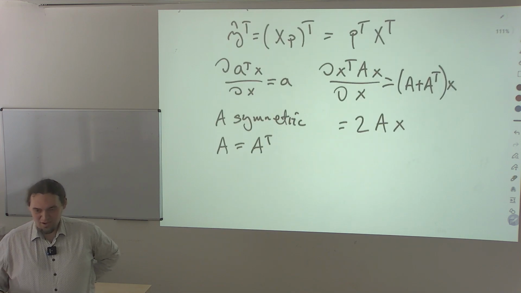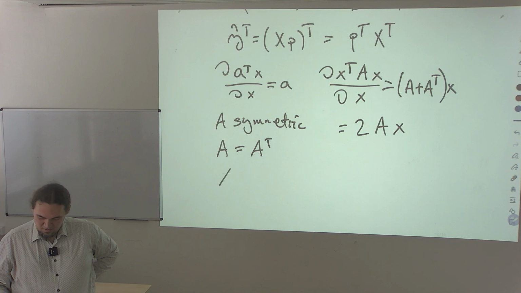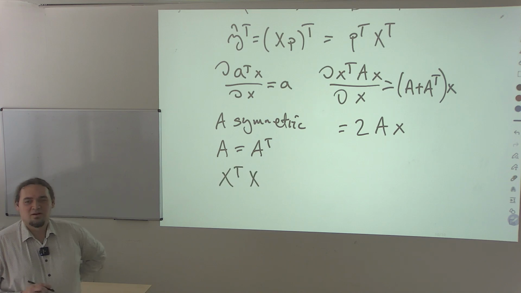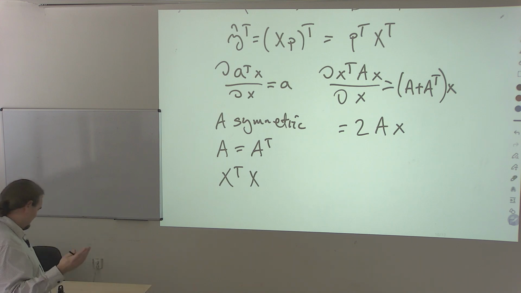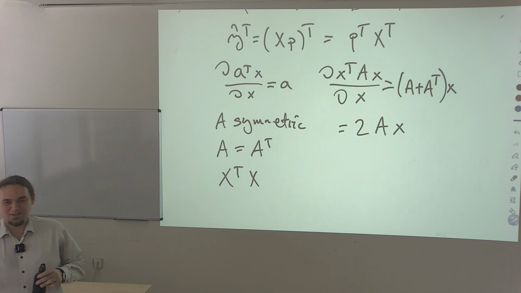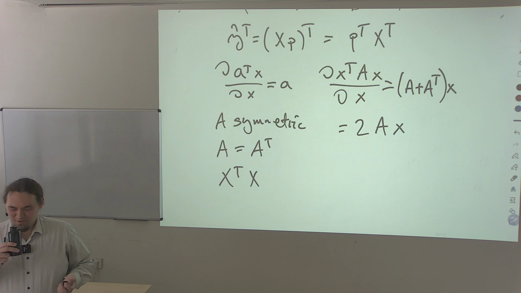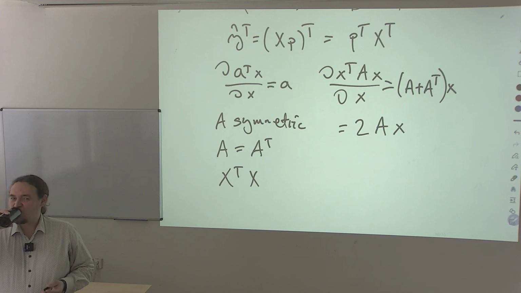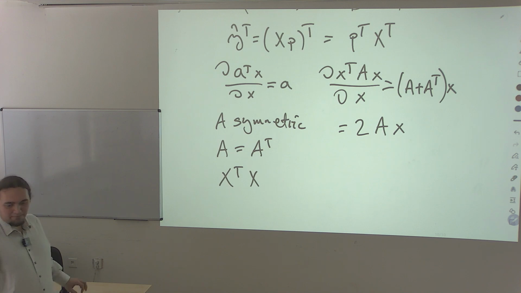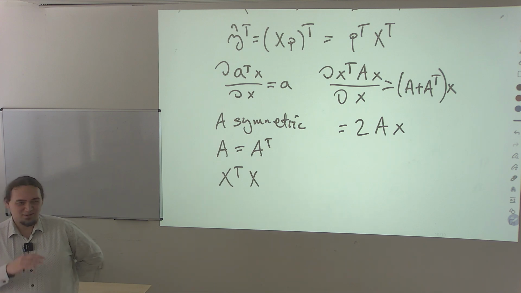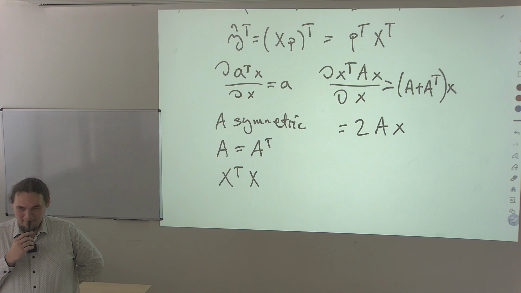How can we find out? Is X transpose X symmetric? Give me the proof. Now we can do the mathematical proof, a very easy one. It's not proof by contradiction or anything, just a direct proof. How can we deduce that?